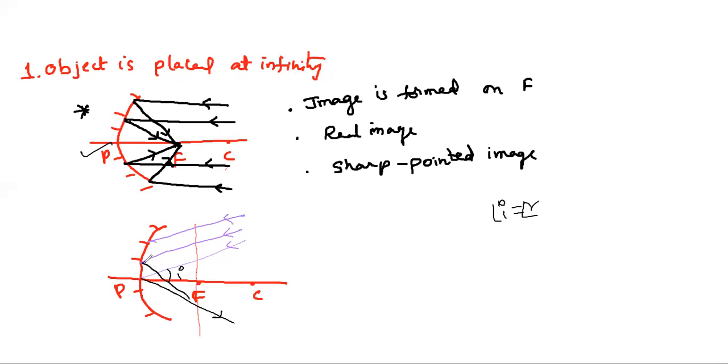Since these are all parallel rays, definitely they will converge on the focal axis. So like this you will get the rays. Here also you will get the same image, and mainly this kind of application is used in making of solar cooker. Clear?